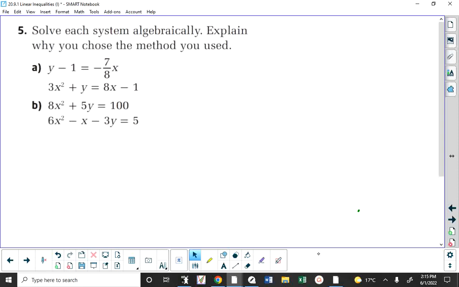Can I use substitution instead? And the answer is yes. I can rearrange the bottom equation for, well, I can't really. I was going to say I rearrange the bottom equation for x, but I can't. You can't rearrange a quadratic for the quadratic variable. So if I use substitution, I have to rearrange this equation for y or this equation for y, which is an invitation for disaster, because I'm going to have 8/5 and 1/3 and 5/3 and weird things.